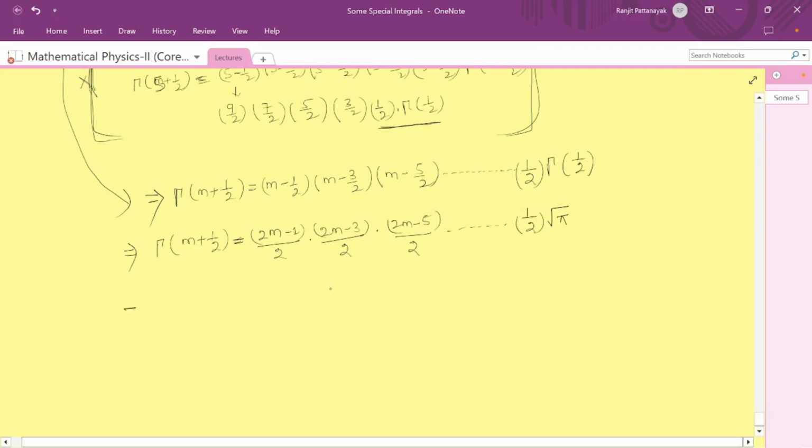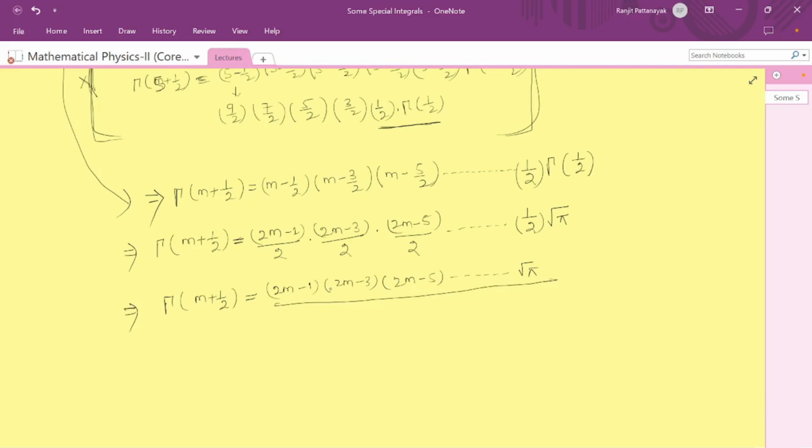And next, gamma m plus 1 by 2 can be written as, here you can see, 2m minus 1 into 2m minus 3 into 2m minus 5 up to root pi, and the denominator is 2 into 2 into 2. So how many 2s are we going to consider?